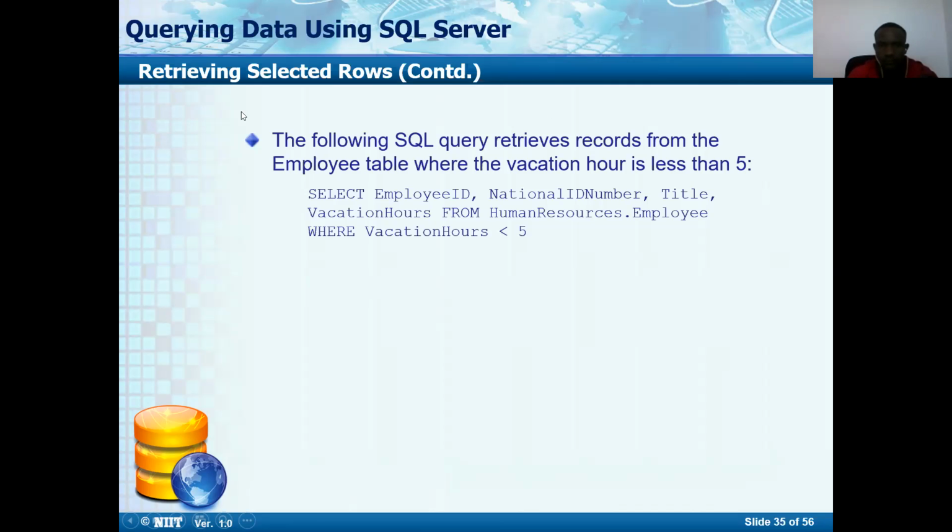The information is coming from a table called employee, and this table is in a schema called human resources. And we're saying we're not going to retrieve all the employees from this table, but we are only interested in employees whose vacation hours are less than 5. That is, whose vacation hours are 0, 1, 2, 3, and 4.